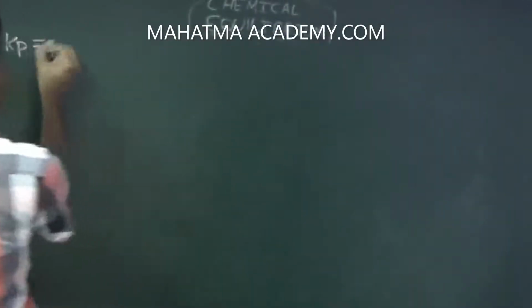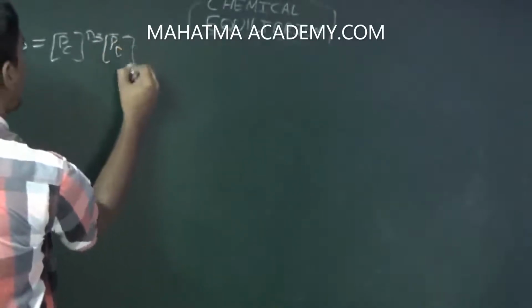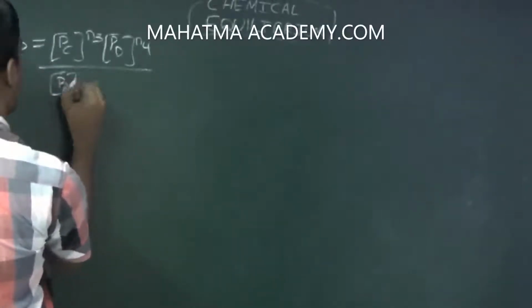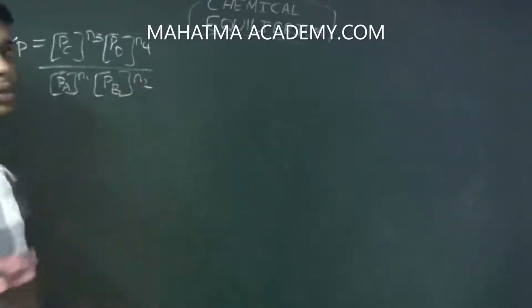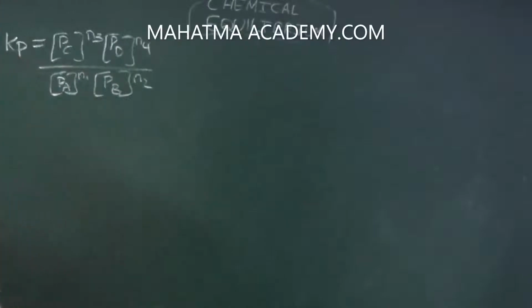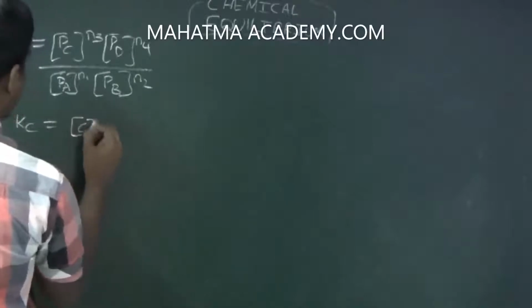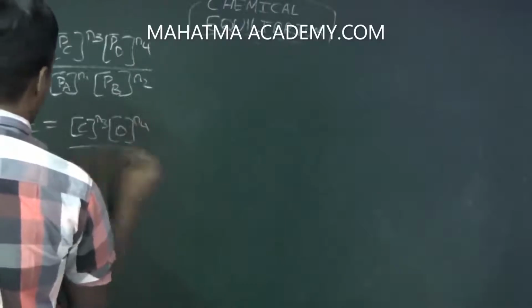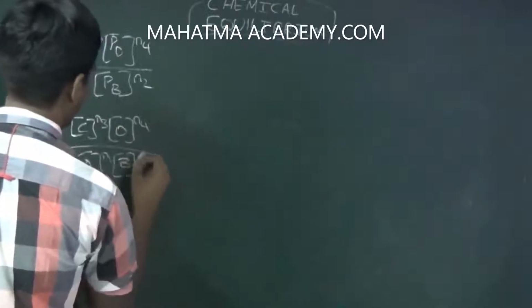Kp is equal to Pc to the power of n3, Pd to the power of n4, divided by Pa to the power of n1 and Pb to the power of n2. And we will write Kc. Kc is equal to C to the power of n3, D to the power of n4, divided by A to the power of n1 into B to the power of n2.